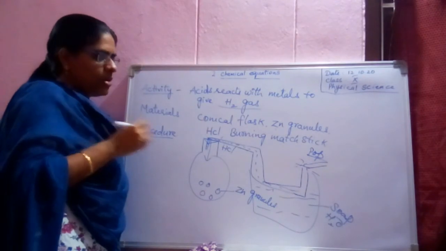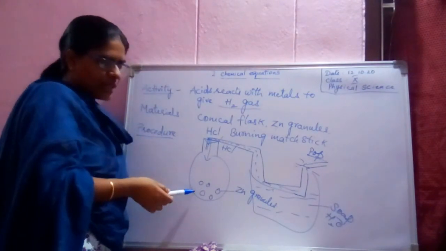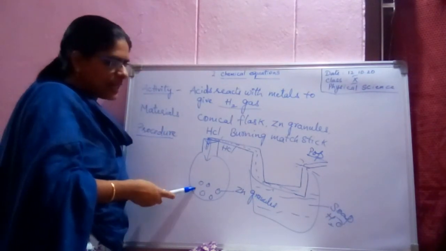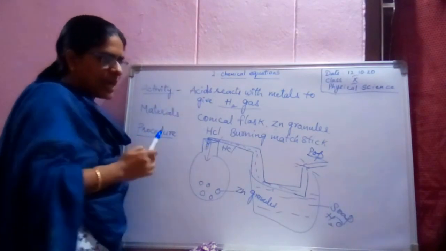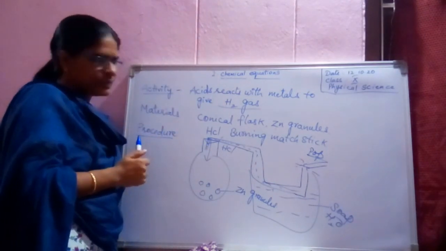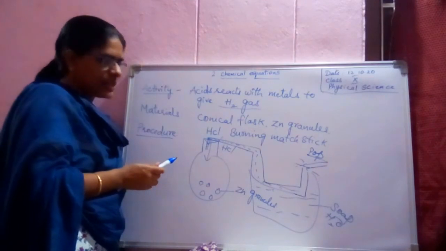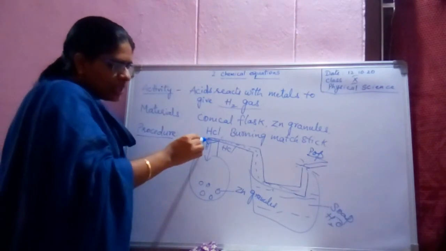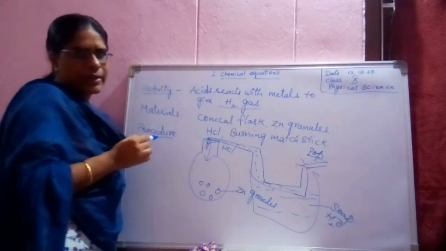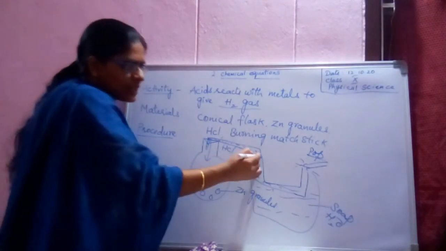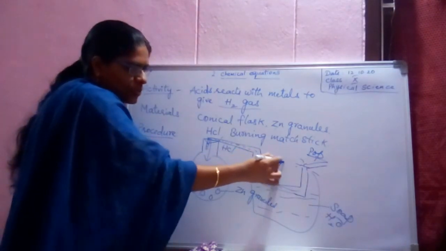Okay, what we have taken in the conical flask is zinc granules, and we have added HCl, hydrochloric acid, and from the single holed rubber cork we have passed the delivery tube.